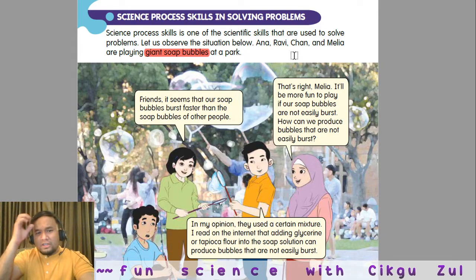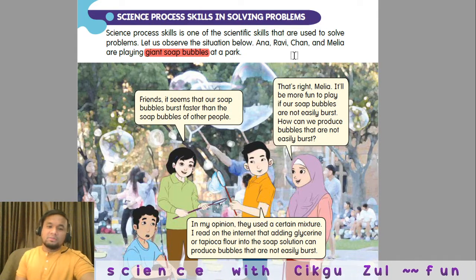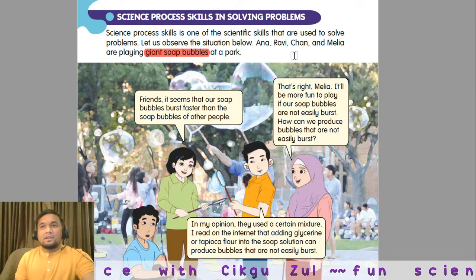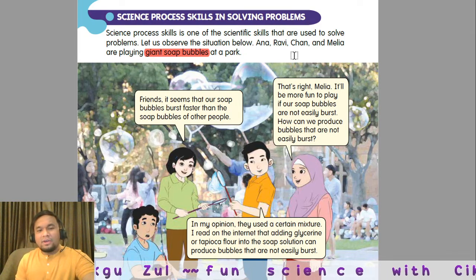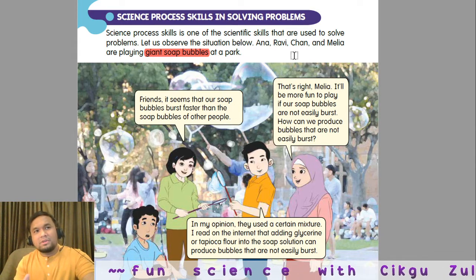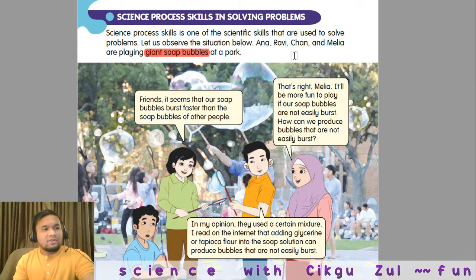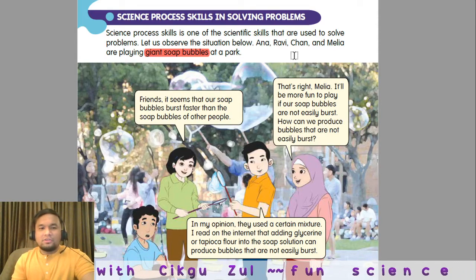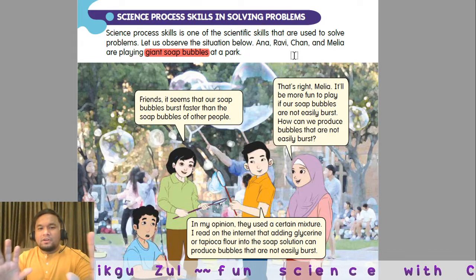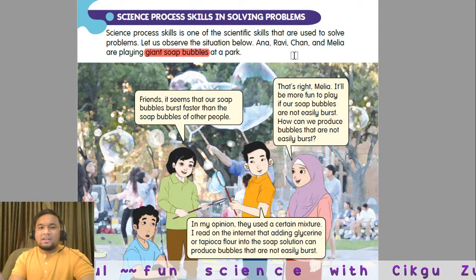Balon gergasi ini. Biasalah kan kita pernah tengok. I think some of you have been to the Cabana kan, ada diorang bagi dekat Cabana. Lepas tu saya pernah tengok dekat mana lagi, Indoor Stadium ke macam itu, diorang buat carnival, and then they got a lot of selling stuff lah macam tu.